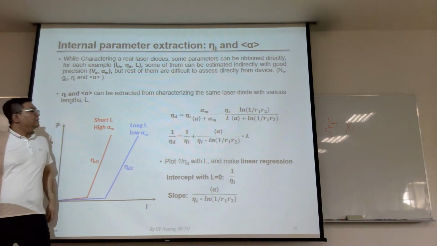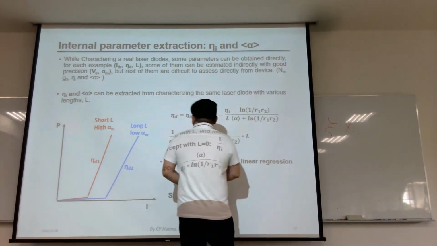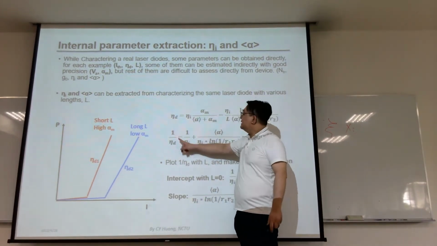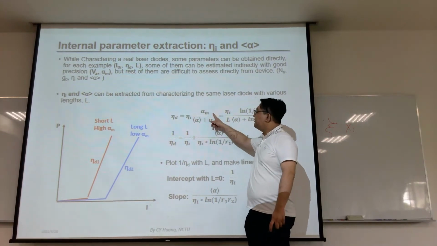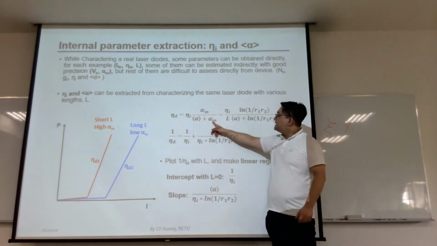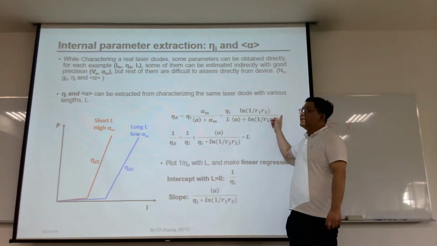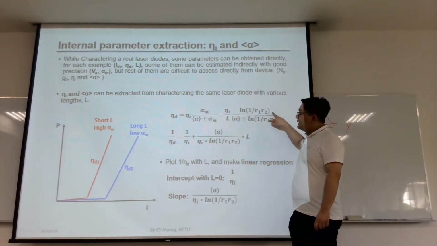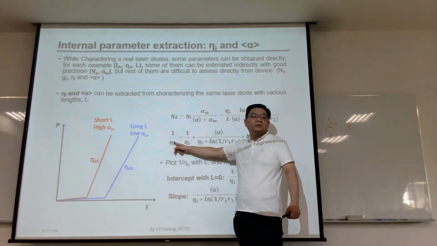We know that the slope efficiency eta d is equal to eta i times alpha m divided by alpha. Further expanding alpha m, it looks like this. Then we take the inverse.